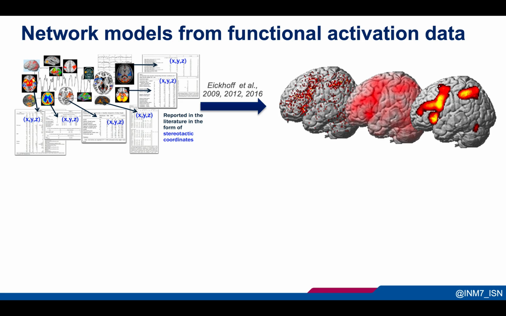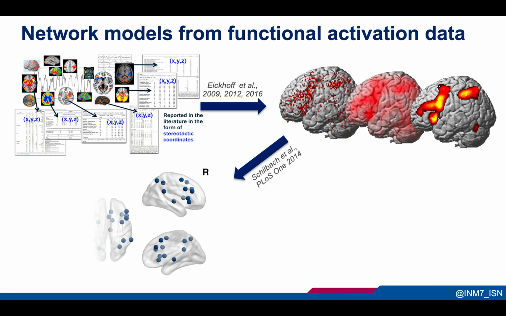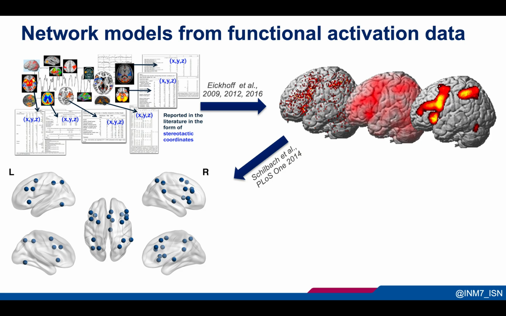So this procedure brings us from a very big but also very heterogeneous literature onto a set of brain areas that apparently are something like the robust neural correlates of a particular mental process, in the example I just showed, working memory. And importantly, we can now use the peaks of these areas as our best guess nodes.